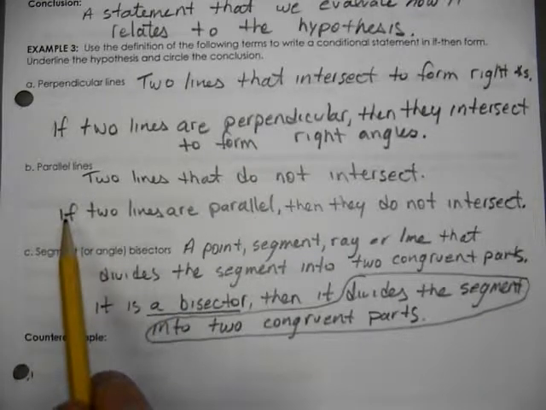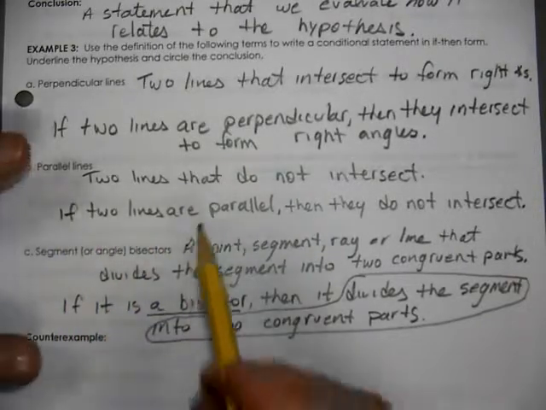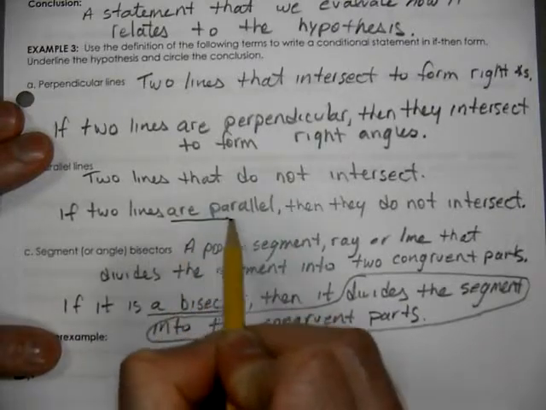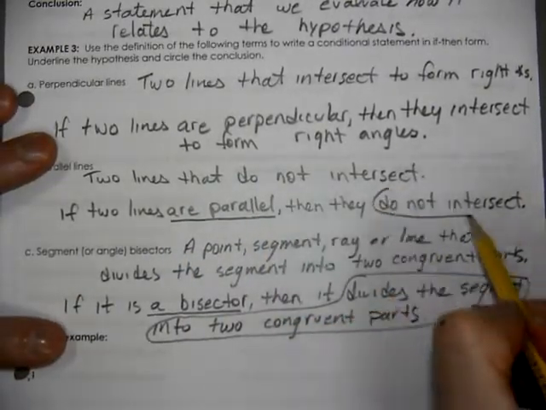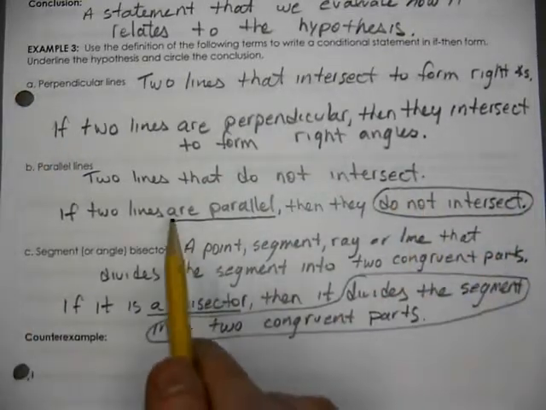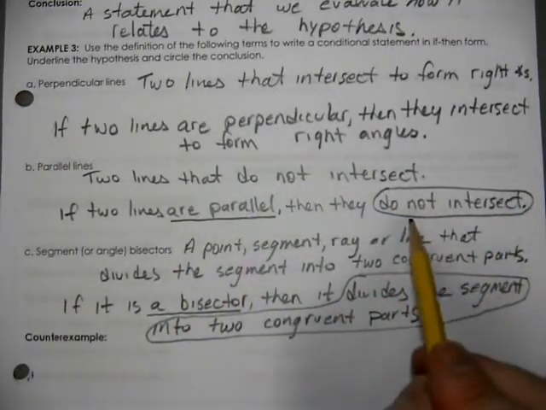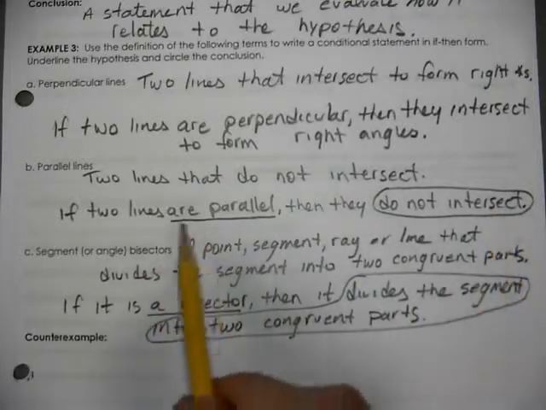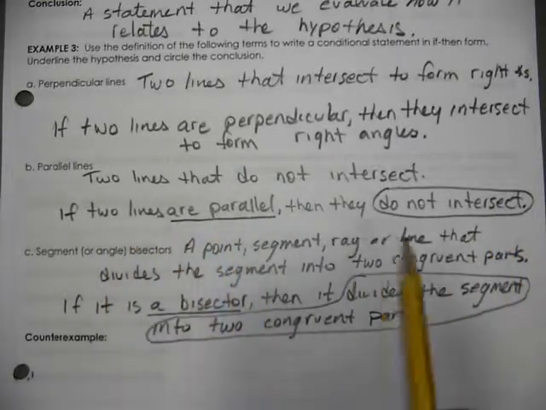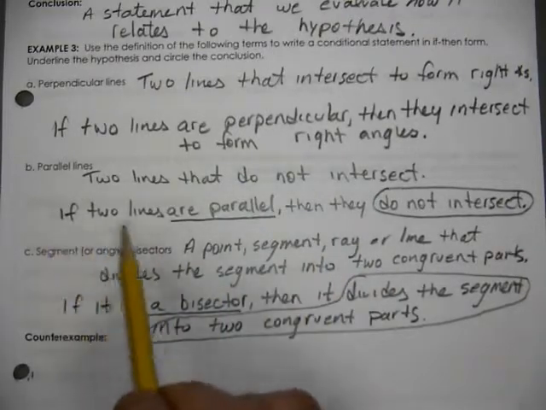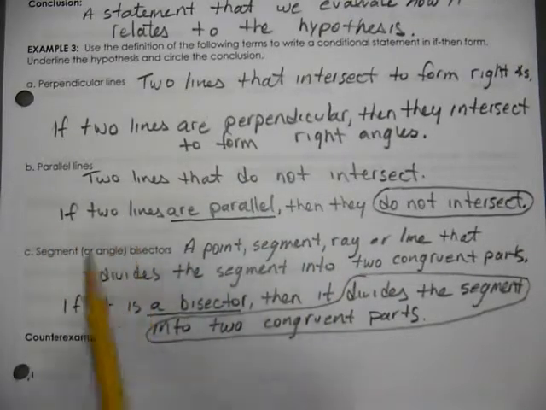With parallel lines, we're going to talk about the parallel aspect of it, and that they do not intersect. So we have our hypothesis and we have our conclusion. I'm not too concerned if you include the two lines portion, but when we start to switch these, sometimes you leave part of the if in there.